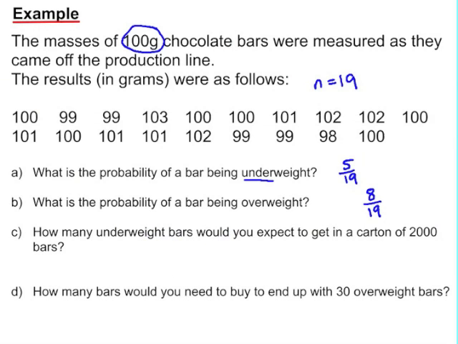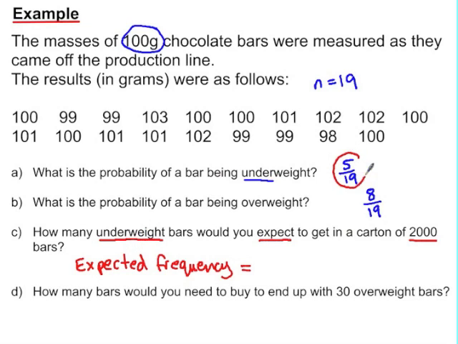In our chocolate bar example, how many underweight bars would we expect to get in a carton of 2,000 bars? So our expected frequency is the probability of a bar being underweight. Now the relative frequency of a bar being underweight was 5 out of 19. And the number of trials now is 2,000.